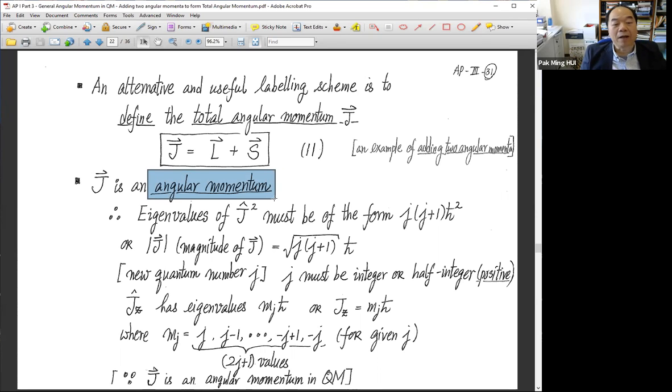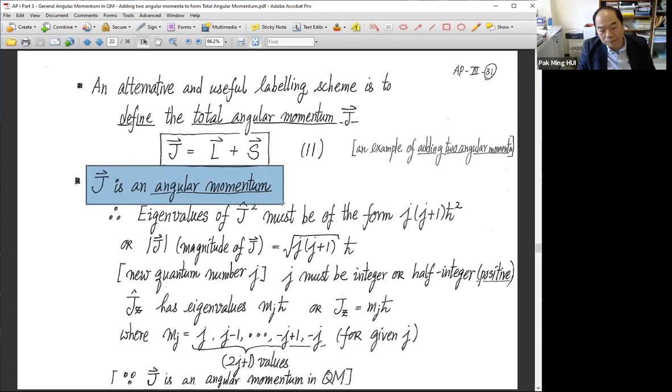Or the simple thing I would say is just exercise your common sense. You have angular momenta put together. How come this does not become an angular momentum? So just do what is natural. That's it. That's the easy and sometimes the best way to do physics.